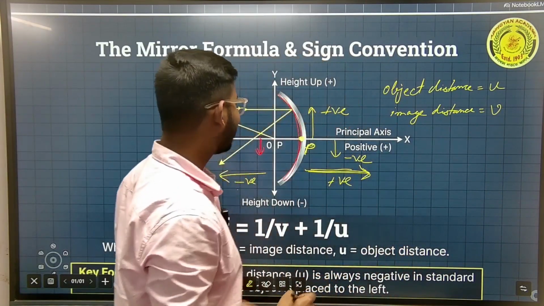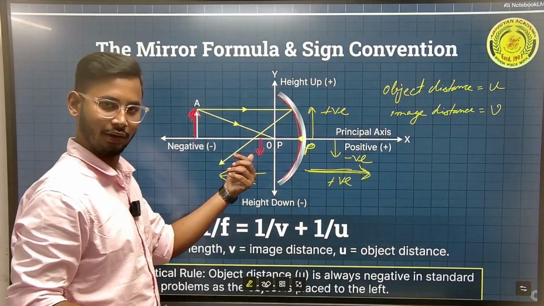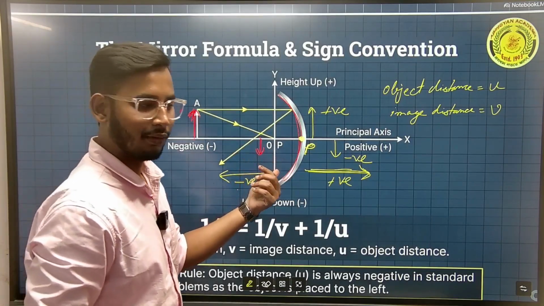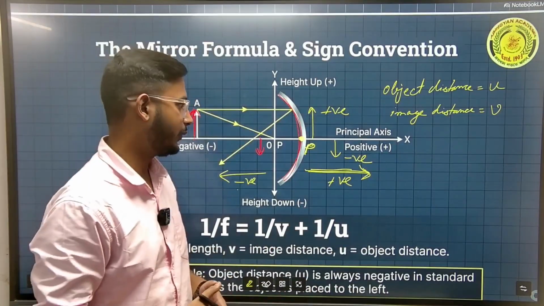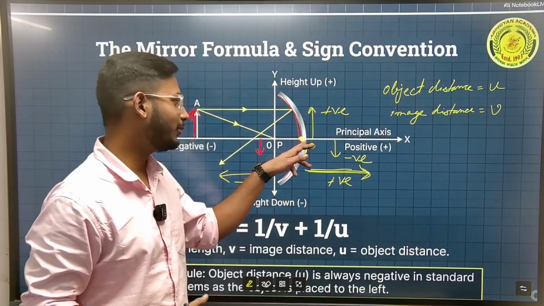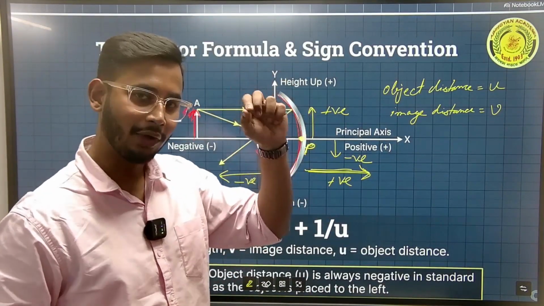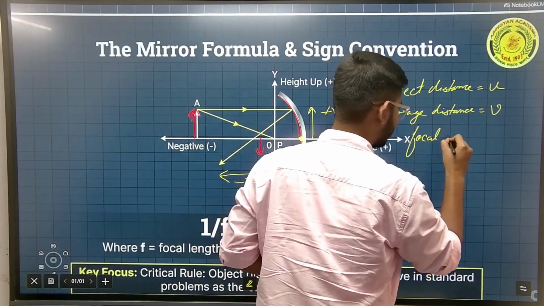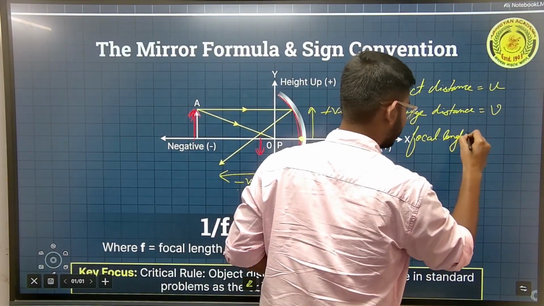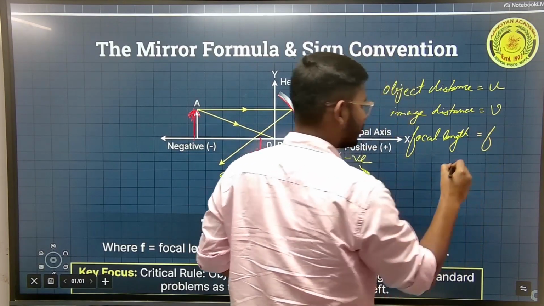And the distance between the pole and the focus, I have told you about the focus, where light converges or appears to diverge from a point. So the distance from pole to that focus is called focal length, and it is denoted by small f.